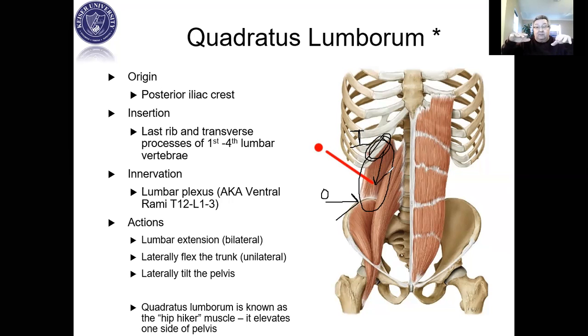What happens sometimes when somebody has a weak gluteus medius, so you don't have to remember this now, you'll have to remember it in kinesiology. If you have a weak left gluteus medius, what'll actually happen is the right side, the right hip, will actually drop. This is known as a Trendelenburg gait pattern.